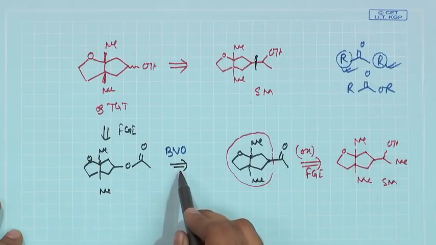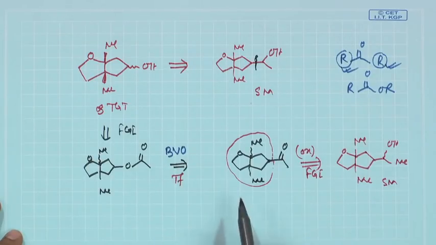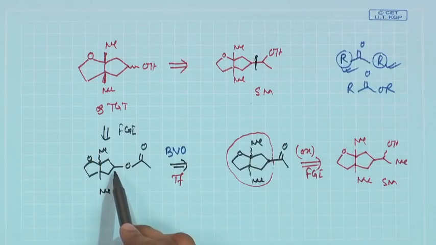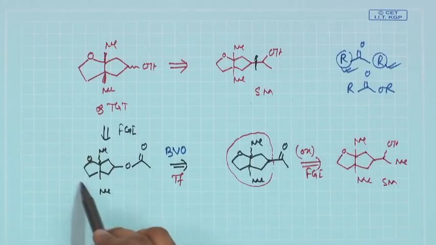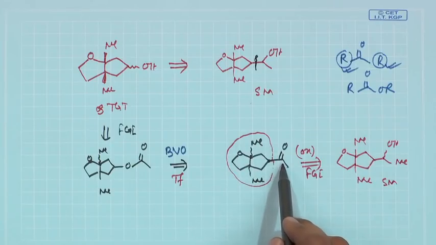Now, stop here. You think about doing a Baeyer-Villiger oxidation, and your mechanism says that the more substituted alkyl group will migrate towards the electron deficient oxygen.